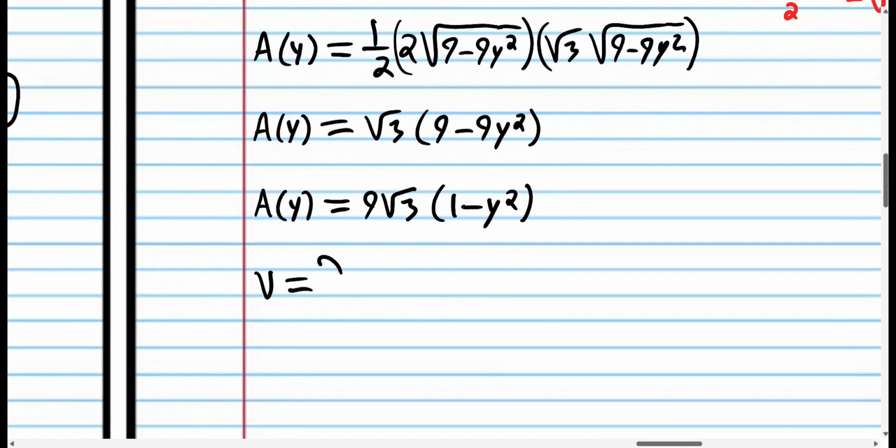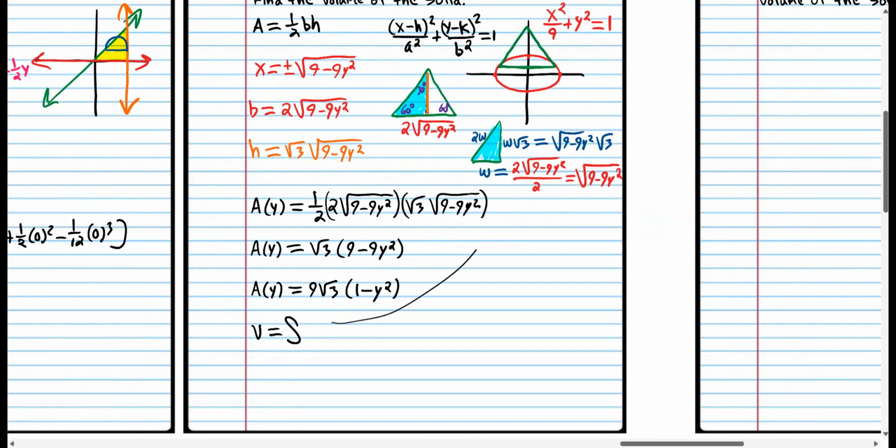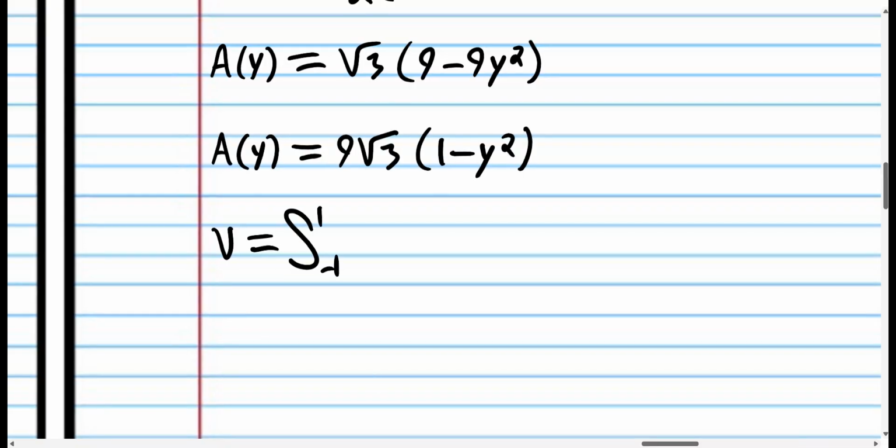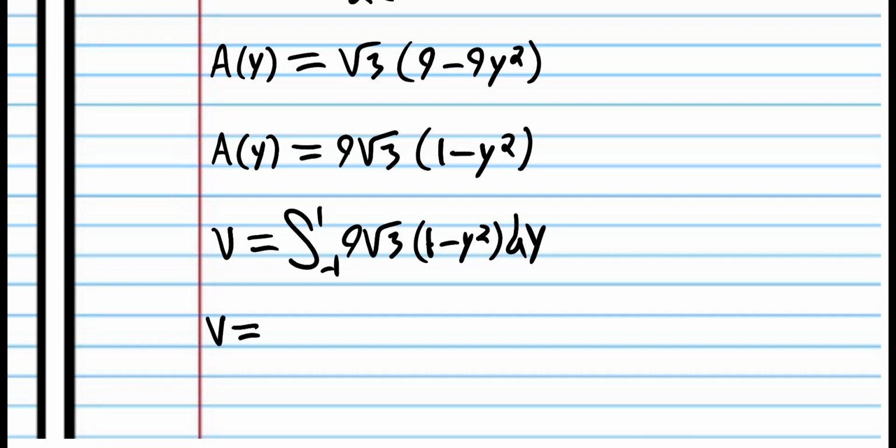Now we're going to find the volume. That's going to be the integral from -1 to 1 of 9 root 3 times 1 minus y squared dy. Now remember, we can do a trick. The trick is we can multiply by 2 and change the integral from negative 1 to 1 to 0 to 1. And that'll make it easier for us to integrate.